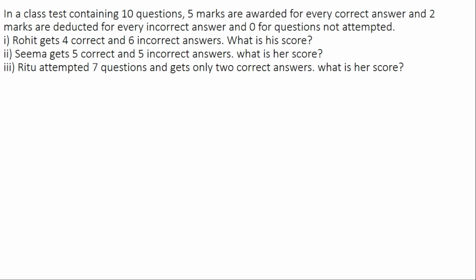In a class test containing 10 questions, 5 marks are awarded for every correct answer and 2 marks are deducted for every incorrect answer and 0 for questions not attempted. So first question is, Rohit gets 4 correct answers and 6 incorrect answers. So what is his score? So total number of questions is 10.